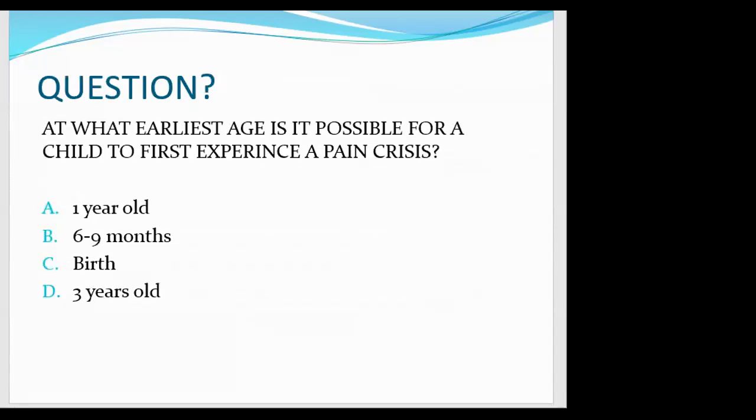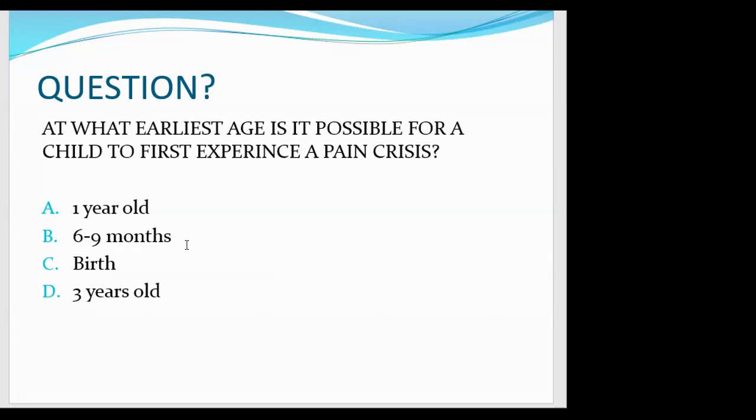So, a question: what is the earliest age it is possible for a child to experience their first pain crises? The answer is B, 6 to 9 months. So it's important to know that if a child comes in and they're younger than 6 months, you want to investigate other things causing the pain or irritability or just not acting right.